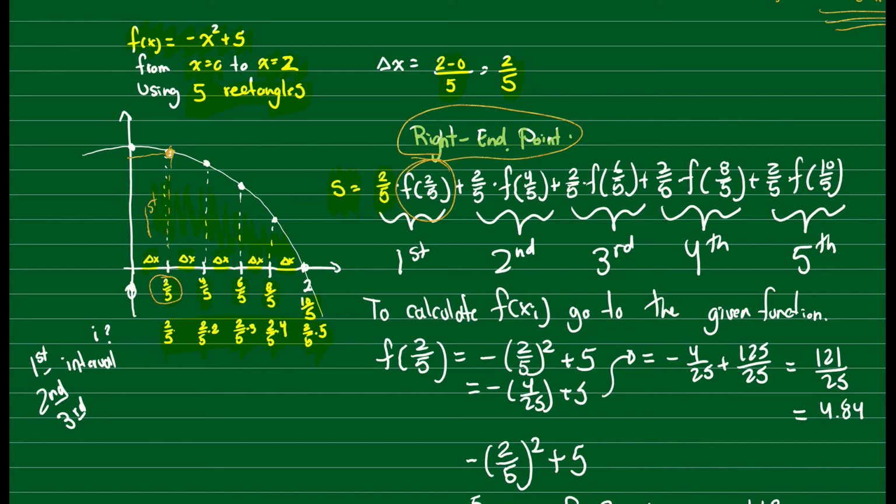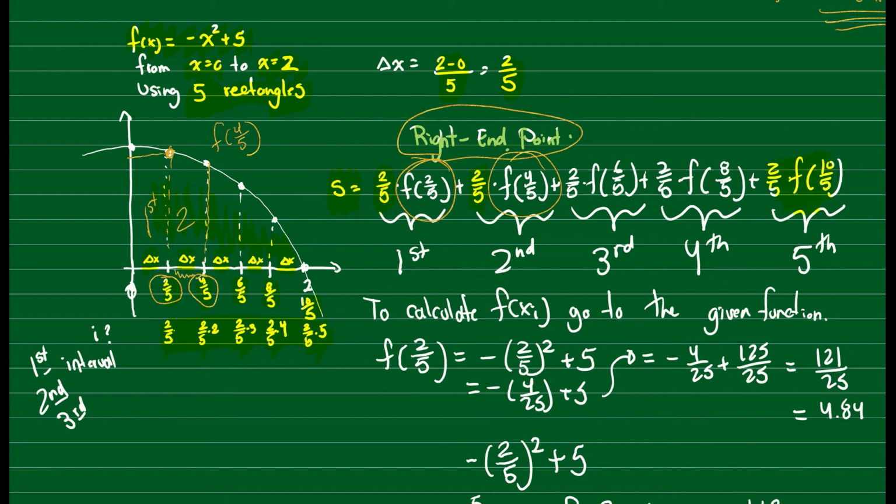Plus, on my second rectangle, again, the base does not change. It's 2/5. But what is going to determine the height of that second rectangle? The height of the second rectangle on this interval is going to be determined by the right endpoint. If we go up here, this is f of 4/5. That's what we have, f of 4/5 as well here. Plus, and so on. Notice the very last rectangle. This is my last rectangle.